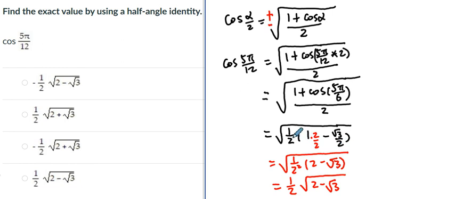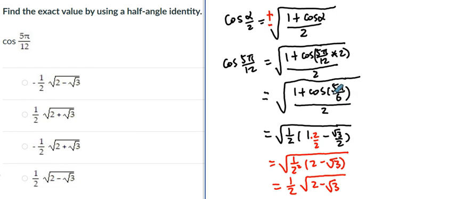So then you will have the value, the denominator is 2, so you may write 1/2, and 1 plus negative radical 3 over 2. Again, negative radical 3 over 2 is cosine 5 pi over 6.